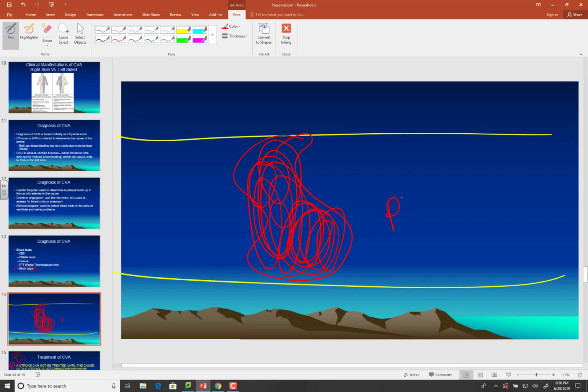In its inactive form is this enzyme called plasminogen. It's inactive. Anything with gen after it is inactive. And when they give you TPA, TPA stands for tissue plasminogen activator, it activates the inactive plasminogen into the active enzyme plasmin.